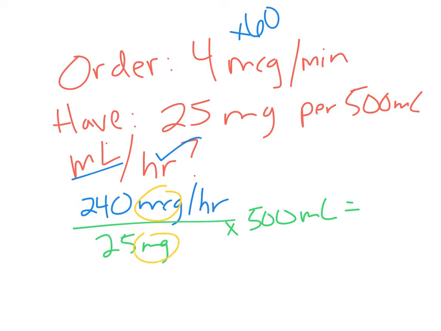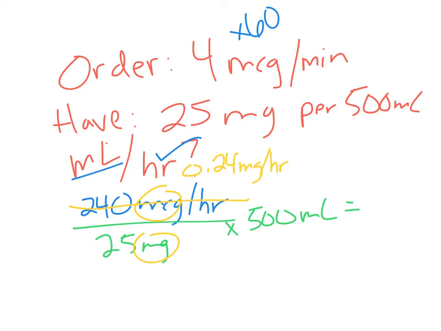So as usual, I just get everything into milligrams, but again, you all don't have to do that. You could get everything into micrograms if you wanted to. Totally up to you. But I'm going to go ahead and convert that top unit into milligrams to show that 240 micrograms is the same thing as 0.24 milligrams per hour.